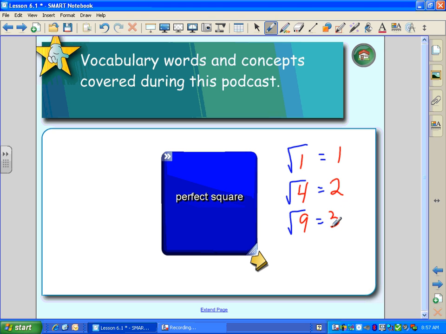So there are special numbers in math that we call perfect squares because they come out nice for us. Here's an example of a number that is not a perfect square.